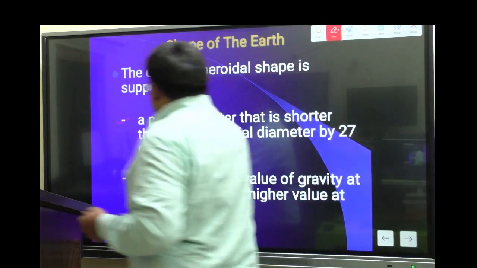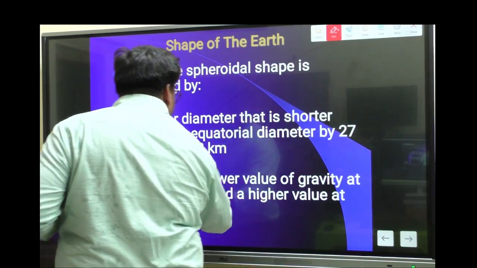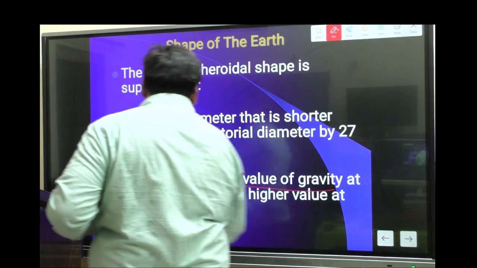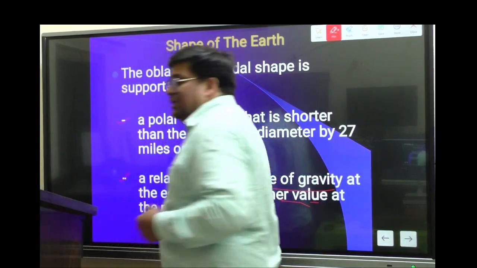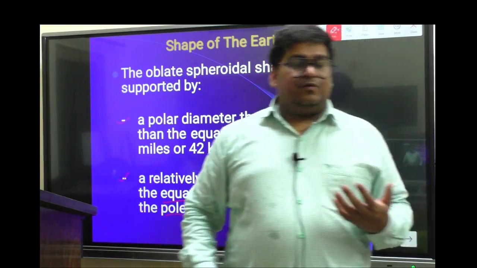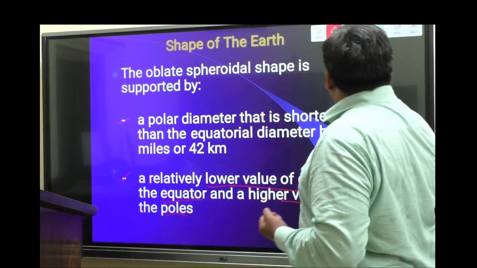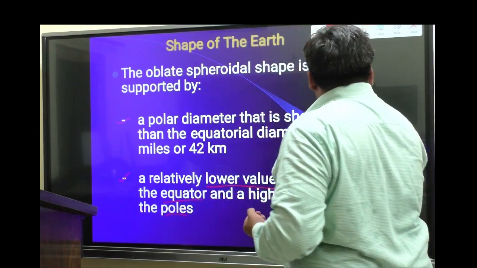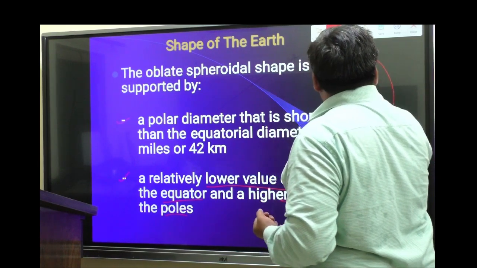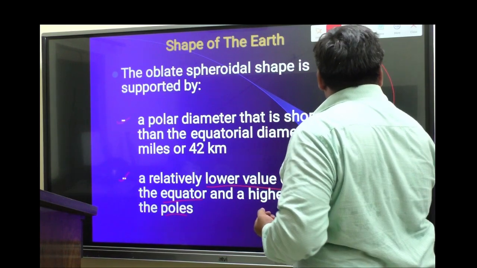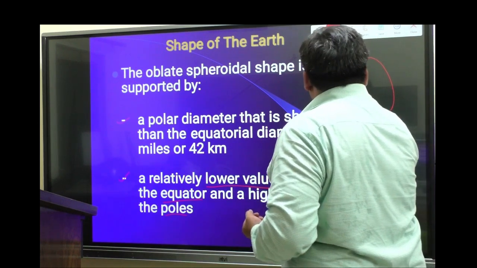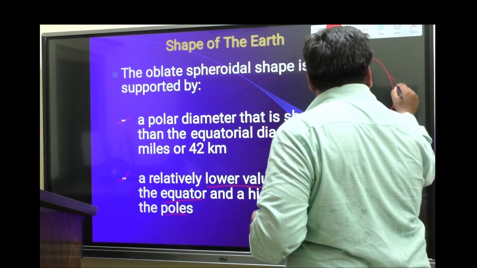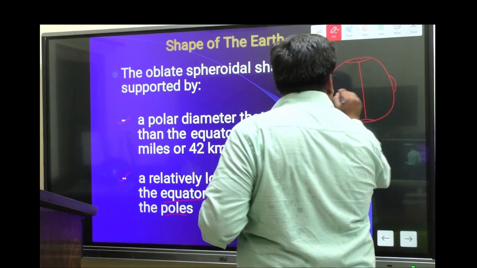Now, the next important point is that there is a relatively lower value of gravity at the equator and a higher value at the poles. This is again a scientific explanation. For example, this is your earth. As you know, the poles are flattened, and at the equatorial region you have somewhat of a bulge.